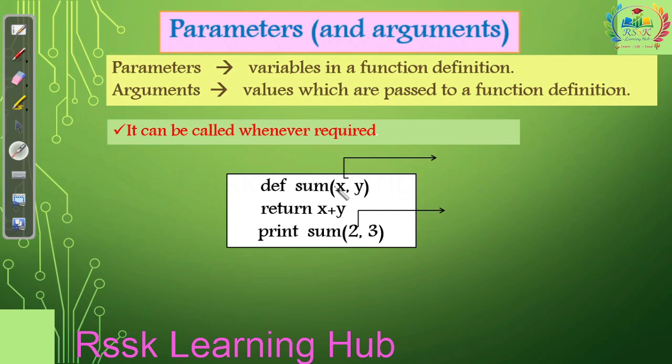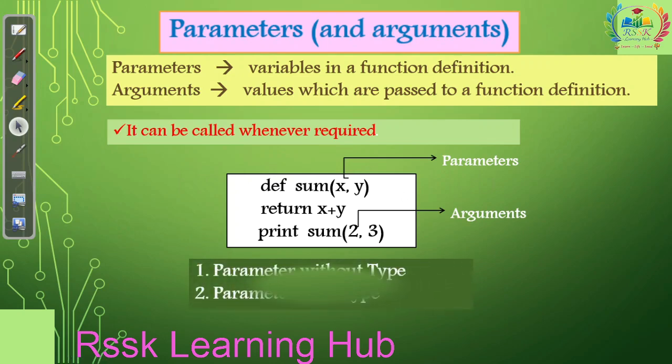Do you all clear? If you pass any values to a variable in the function definition, that is called arguments. Do you understand clearly what is parameter and what is argument now? By seeing this example, x and y are parameters and 2 and 3 are called arguments.